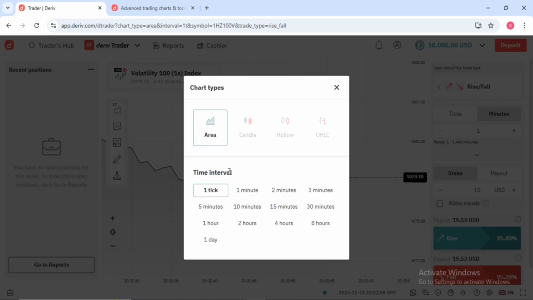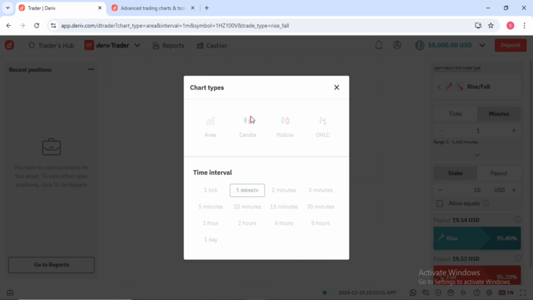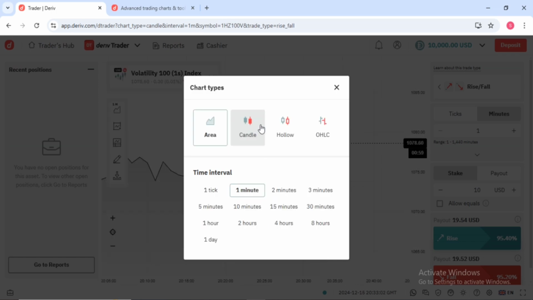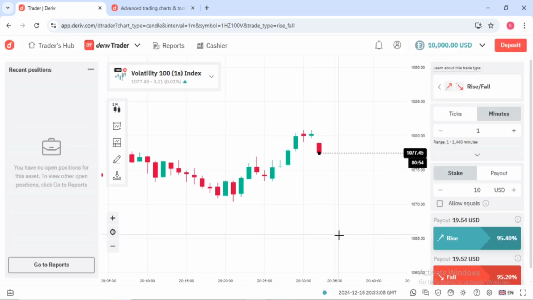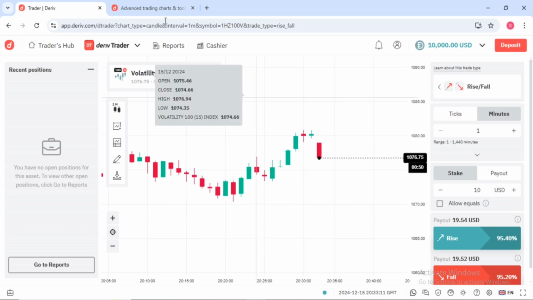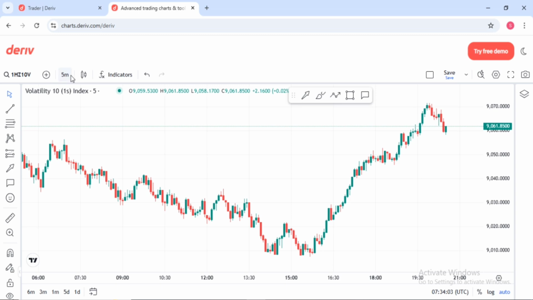We want this to be candles. Let's say we want 1 minute, for instance. So you set it up like that. Okay, the timer is here. So you come back now and look for a market. Let's change this to 1 minute so that we see whether you can get one.